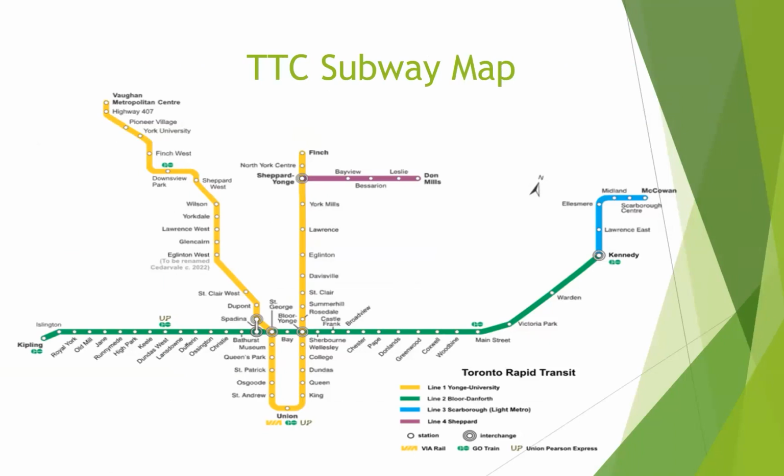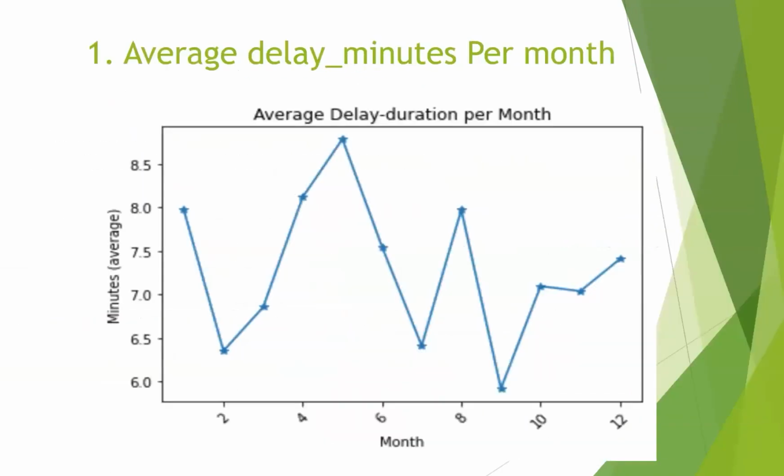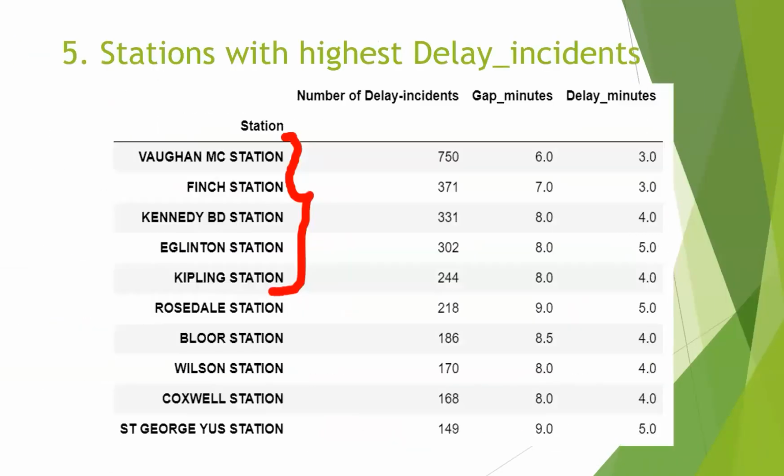Now, there's a reason why that occurs. Why do the highest number of delay incidents occur at terminal stations? It's because it's usually once the train comes to a complete halt that cleaners, etc., enter the trains to check the entire train. At that point, some sort of mechanical faults are found, and a lot of cleaning or other uncleanliness incidents are found.